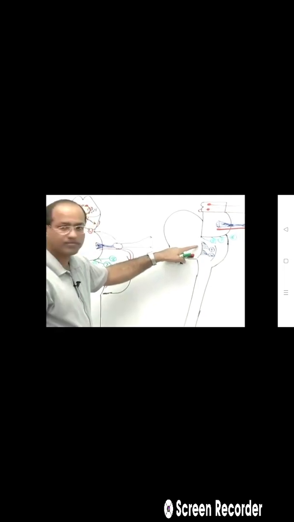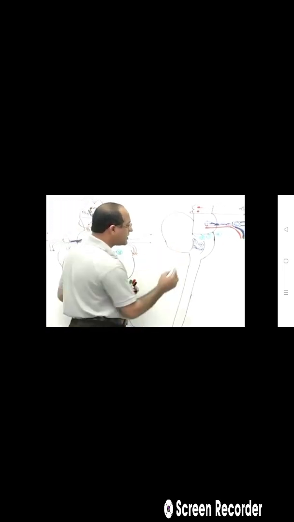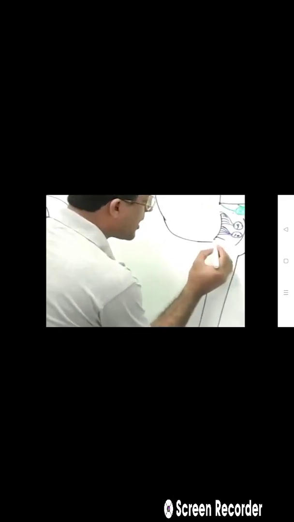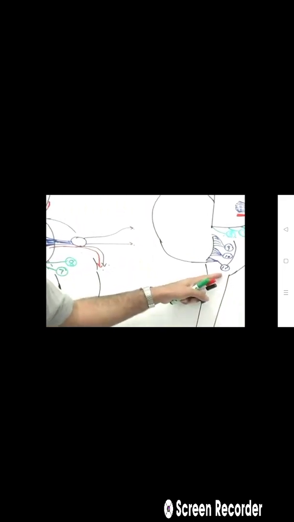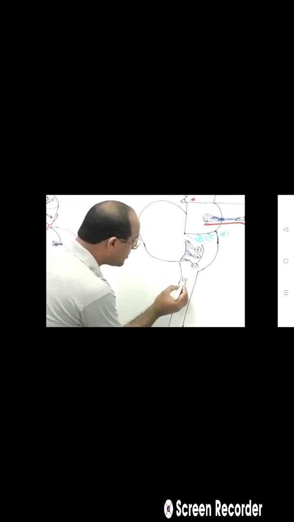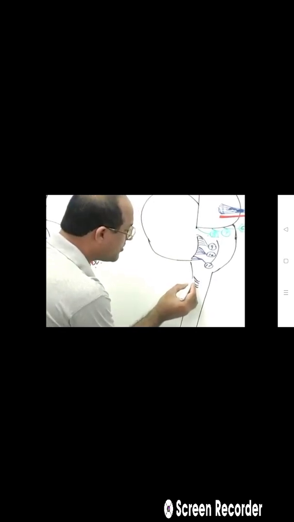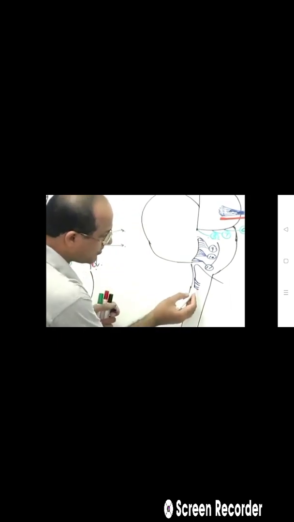Ninth nerve is glossopharyngeal, 10th nerve is vagus, and then here is the cranial part of 11th nerve. Here is the exit of the spinal part of 11th nerve, and now here is which part?